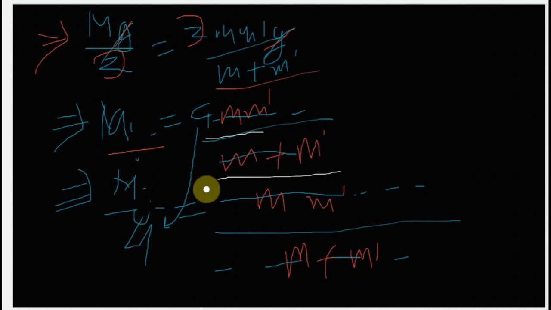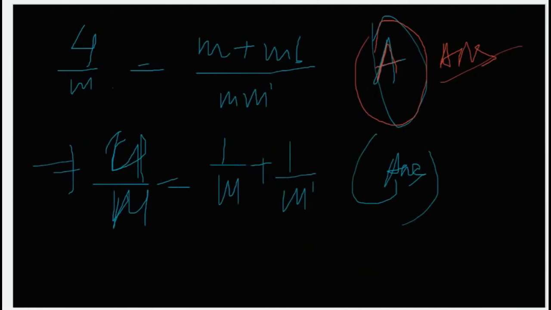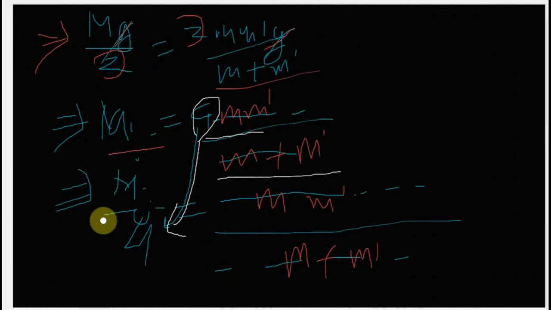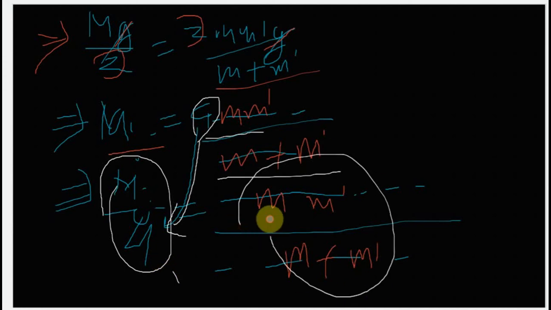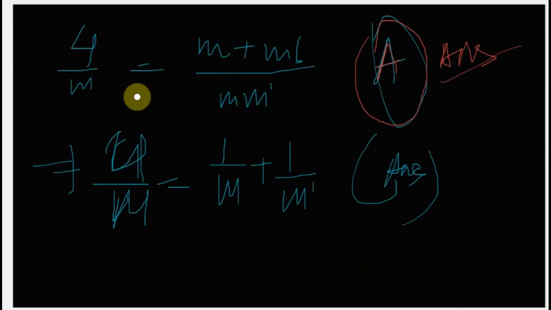Then what we do, we displace 4 to the denominator of M, left hand side denominator, so M upon 4 is equal to m into m prime upon m plus m prime. So we only reciprocal this M by 4, it forms 4 by M. So when we reciprocal this, the RHS term we also reciprocal, because one side reciprocal is not allowed.